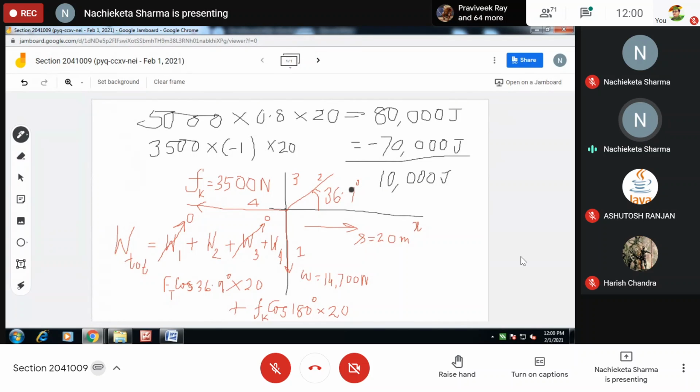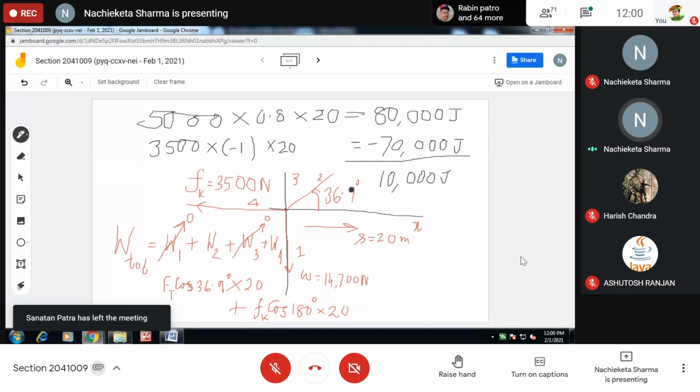In chapter 6, there are 4 topics, and we have covered one: what is work, zero work, positive work, negative work, and work done by a constant force. We did test your understanding 6.1 and example 6.2.